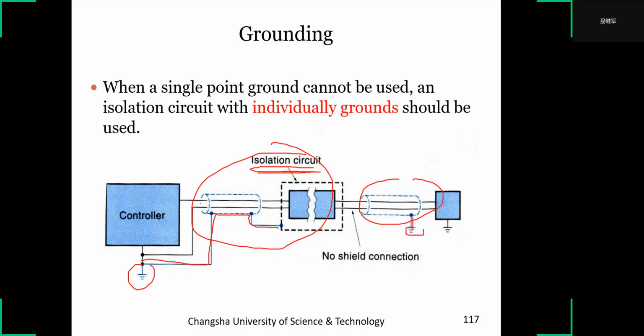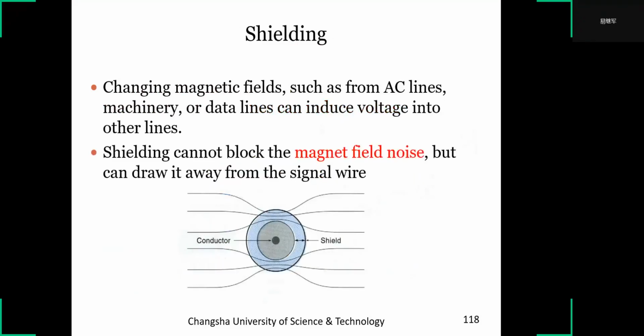This is shielding. Changing magnetic fields, such as from AC lines, machinery or data lines, can induce voltage into other lines.